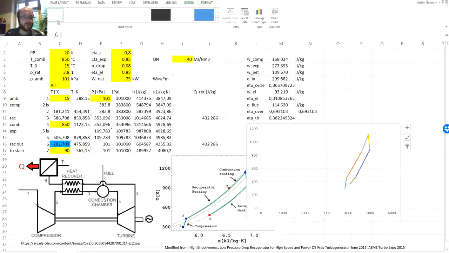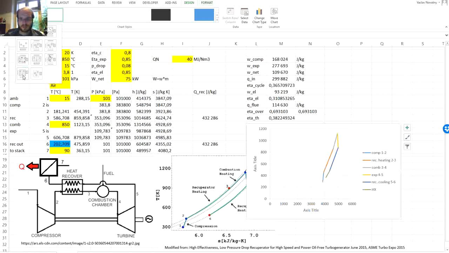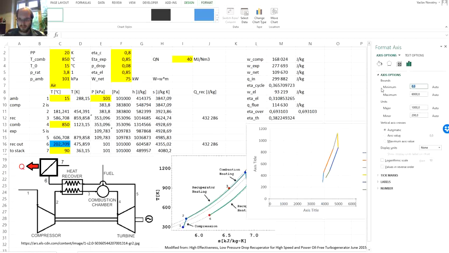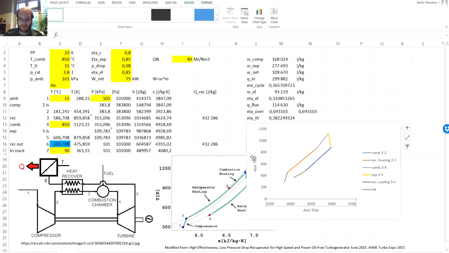Now let's just give the chart some decent look. And here we have temperature in Kelvin on the y-axis, while on the x-axis we have the entropy in joules per kilogram and Kelvin.